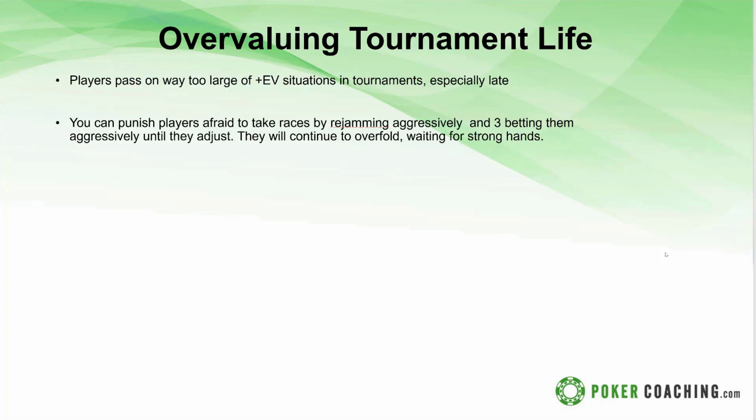You signed up for a $300 tournament, and now you're playing a $5,000 sit and go. So when you add pressure, people make mistakes. And the mistake they often make is they overfold. And in general they play way too passive. That's why you see the really good players playing very aggressively late, and in general picking up a lot of chips and winning and finishing top 3 way more often.